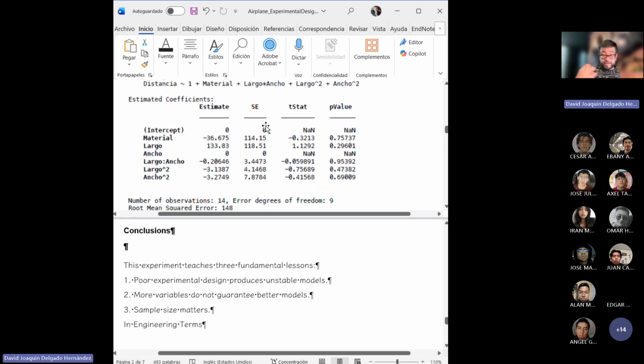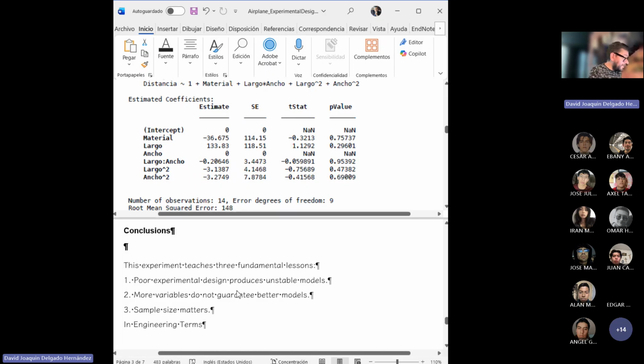In the second, how many do we have? We have seven different variables. And it doesn't mean that we have a better model. In fact, these 2 models gave us exactly the same predicted distances. And we have more combinations here, more terms. But the model worked exactly the same.